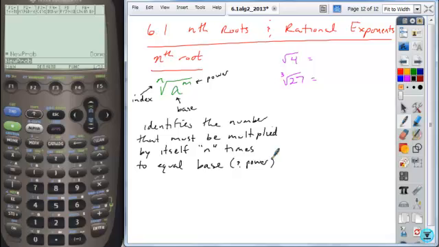When you're looking at the more common nth roots that you've used before, like the square root of 4, let me go through one last thing. In a square root, the index is an unwritten 2.